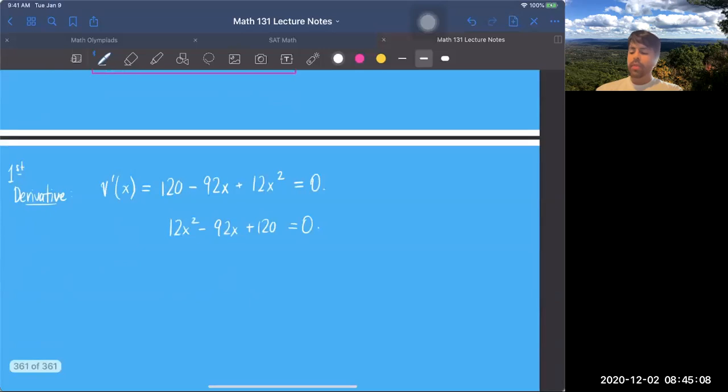Now, can I factor this? I can factor out a 4. That goes into everything. So this goes 3x squared. 4 goes into 92 how many times? 23 times. So 23x. And then this goes into 120, 30 times.